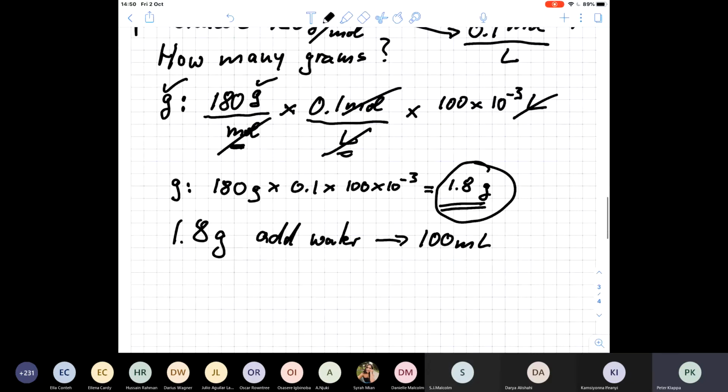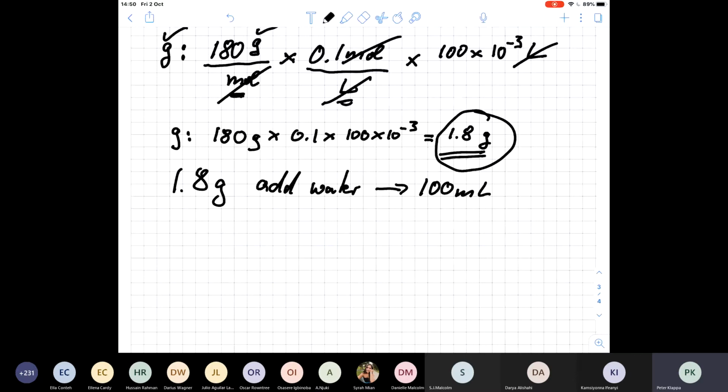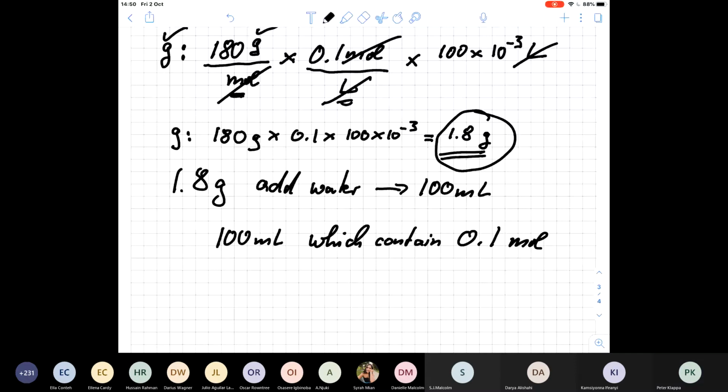And then I have 100 milliliter, which contain 0.1 mole per liter.